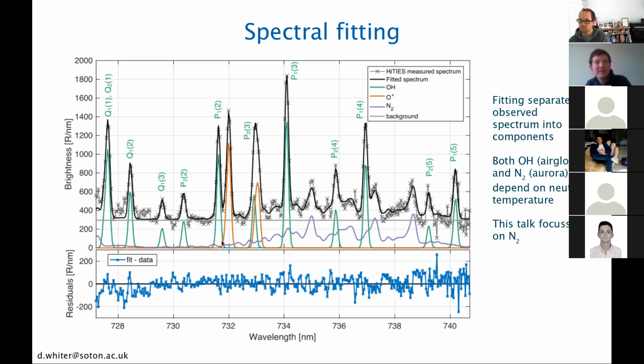I did a statistical study of this ratio and published that a few years ago, but we haven't been able to verify that it's actually giving temperature yet. But actually I have a PhD project advertised, and I'm hoping for a PhD student to start looking at that again in October. And if we find that this ratio does give us the neutral temperature, that will be around 250 kilometers altitude. It's quite interesting.